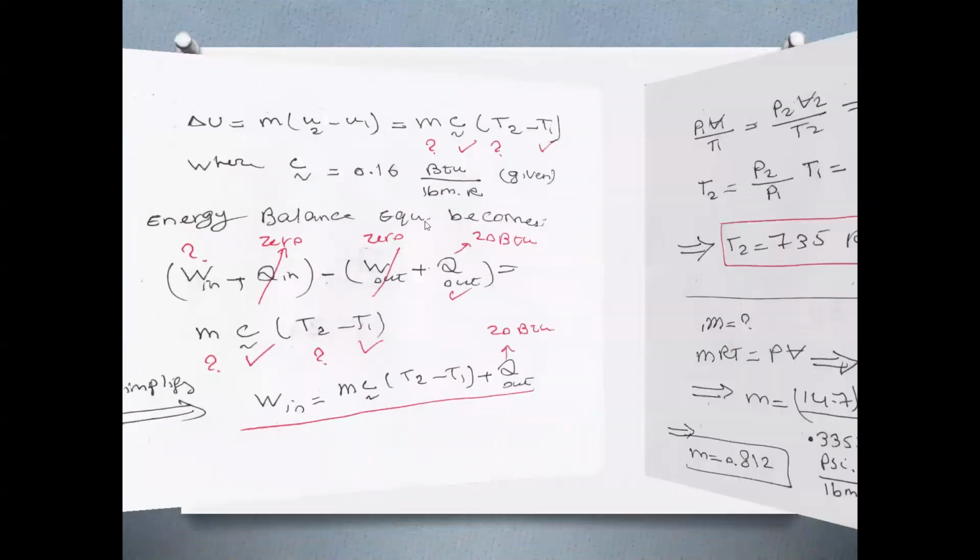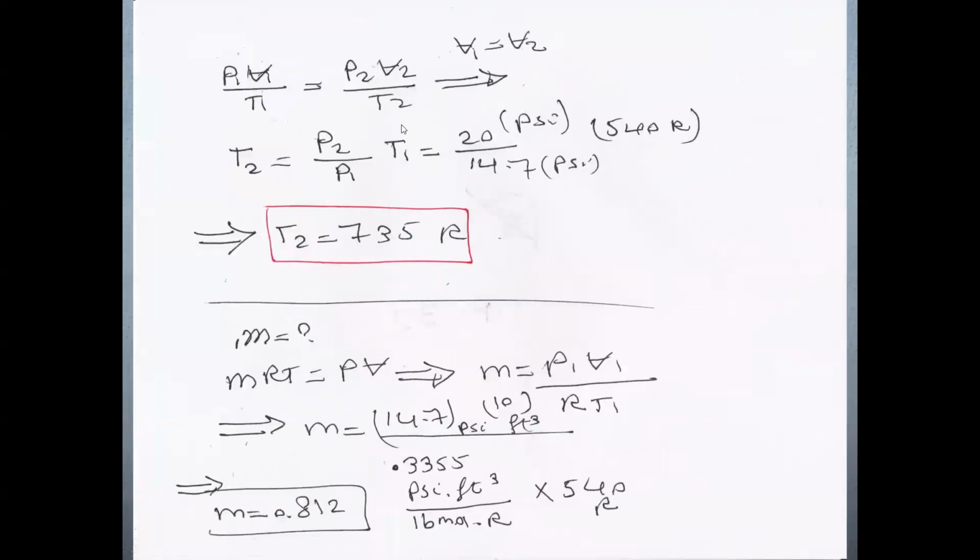We know P1 V1 over T1 is equal to P2 V2 over T2. That's the ideal gas law. And we know it's a rigid tank, so V1 is equal to V2, so that cancels out. So P1 over T1 is equal to P2 over T2, and I'm looking for T2. T2 is P2 over P1 times T1, and I have T1. Remember, P should be expressed as absolute pressure and T as absolute temperature.